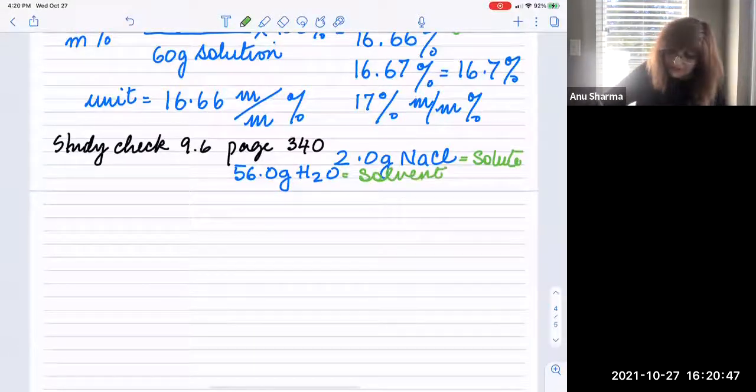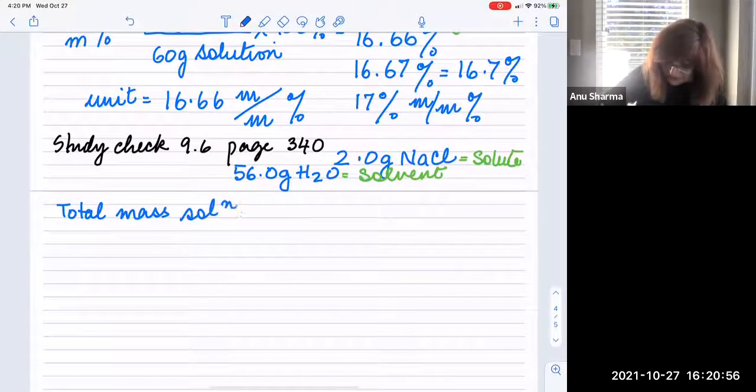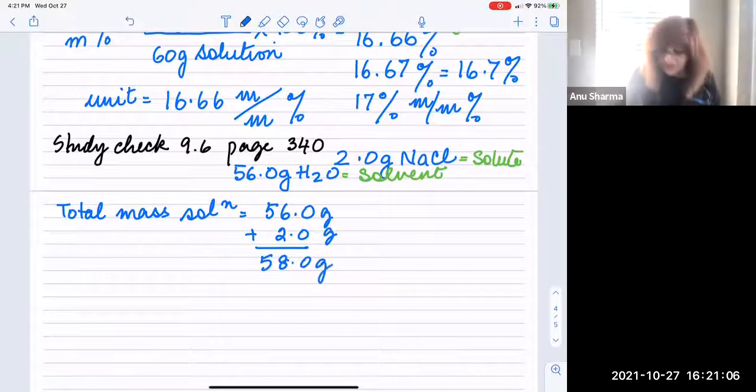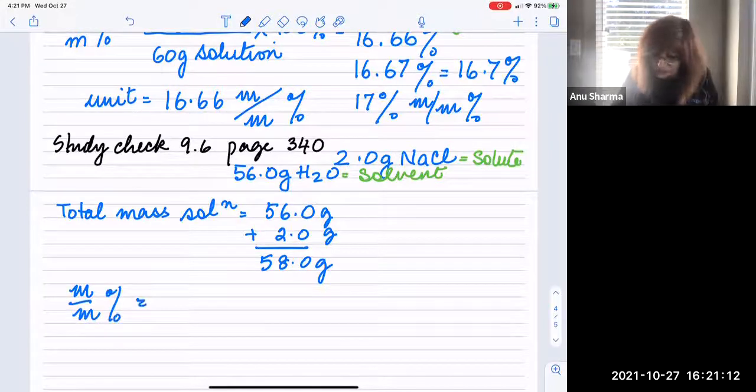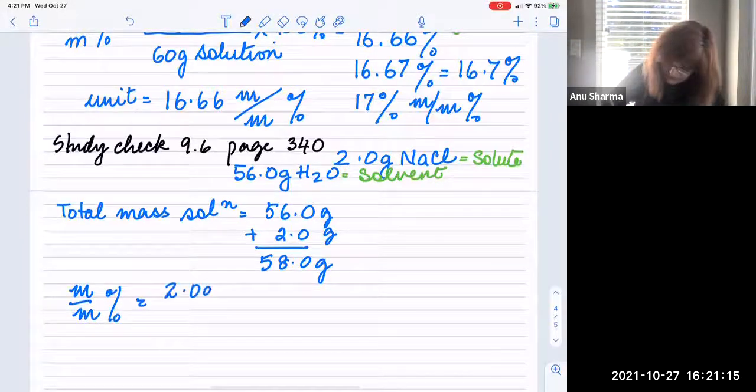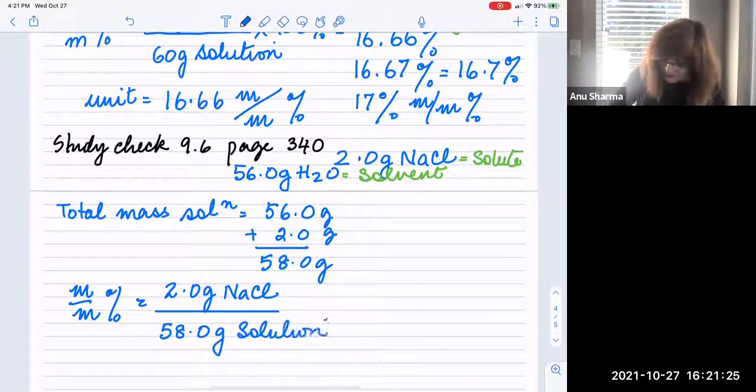Water is the solvent. So the total mass of the solution is equal to 56.0 plus 2.0 grams, and that is 58.0 grams. So the mass by mass percent is equal to 2.0 grams NaCl divided by 58.0 grams of solution times 100%.